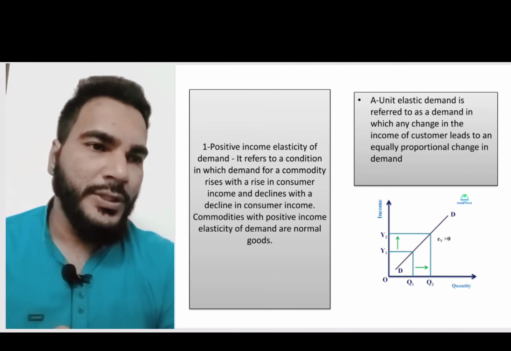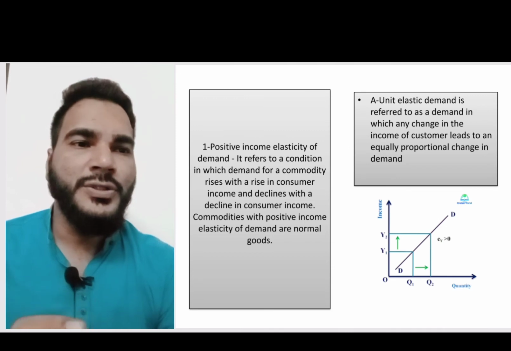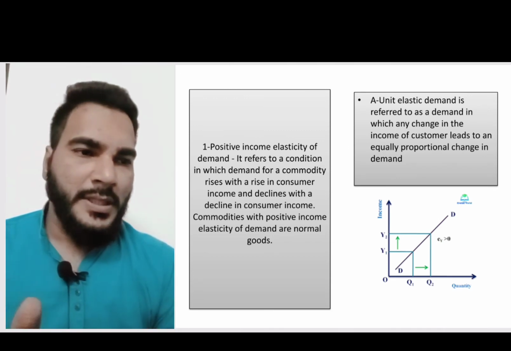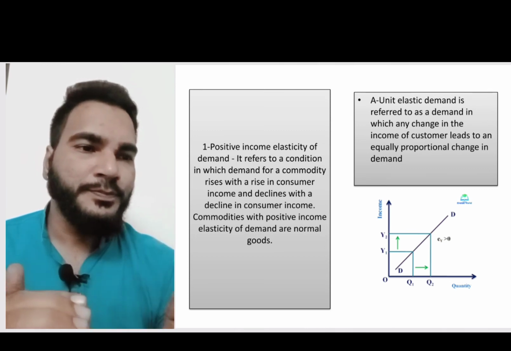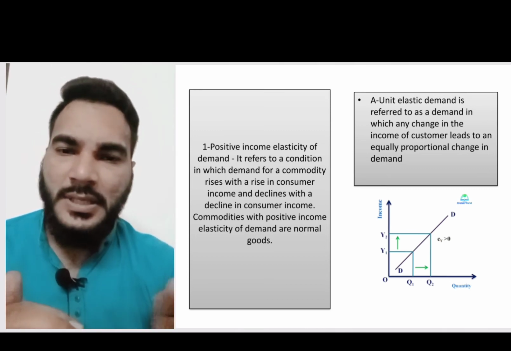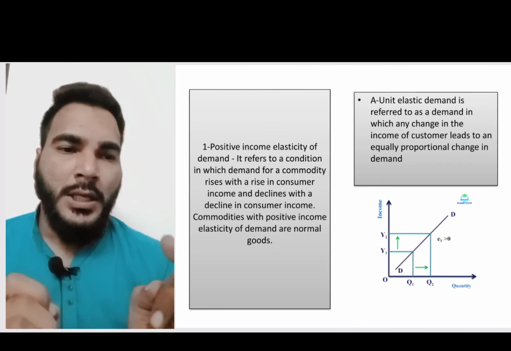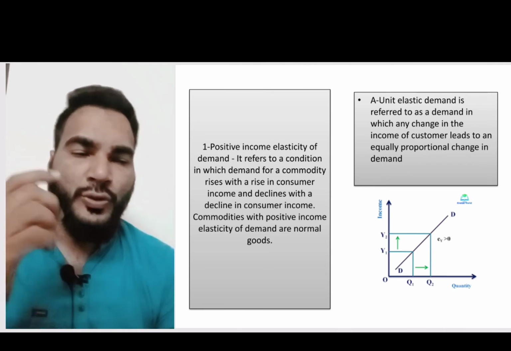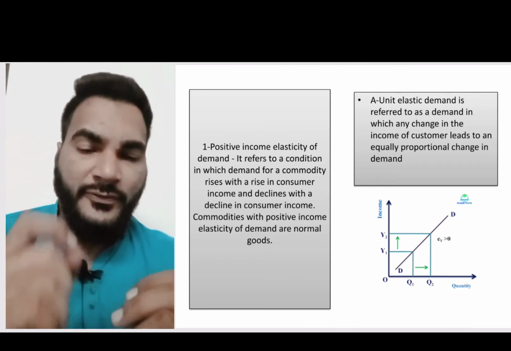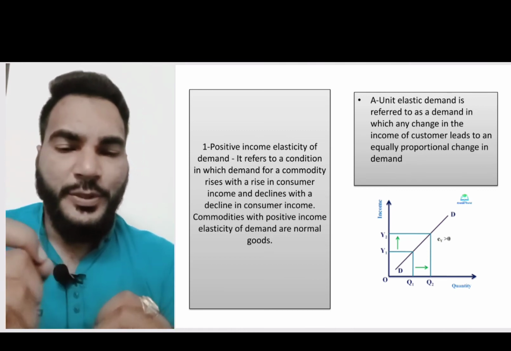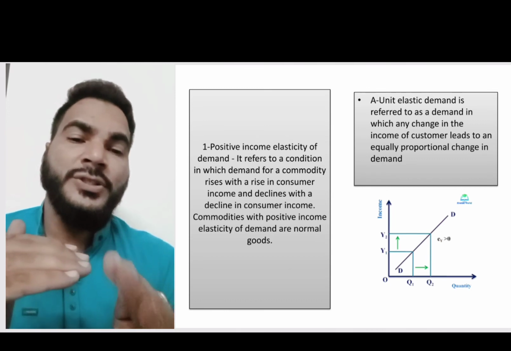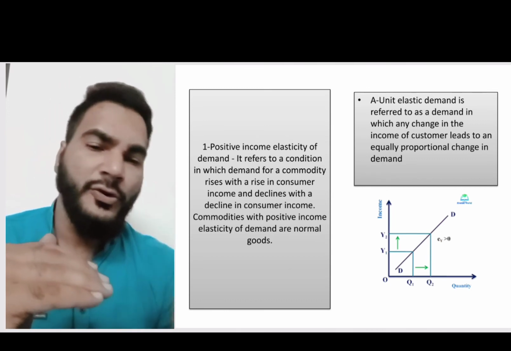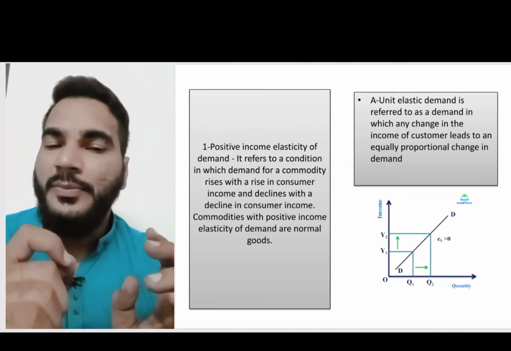So here, the proportion change in demand is higher than the proportion change in income. Let's take an example. If your salary increased by 30%, but your demand increased more than 30%, say 35 or 40%, that is positive income elasticity of demand.